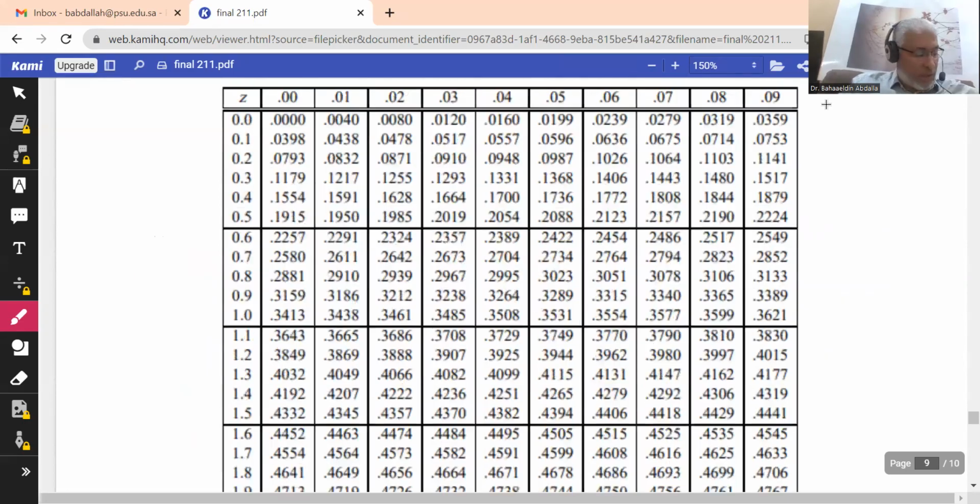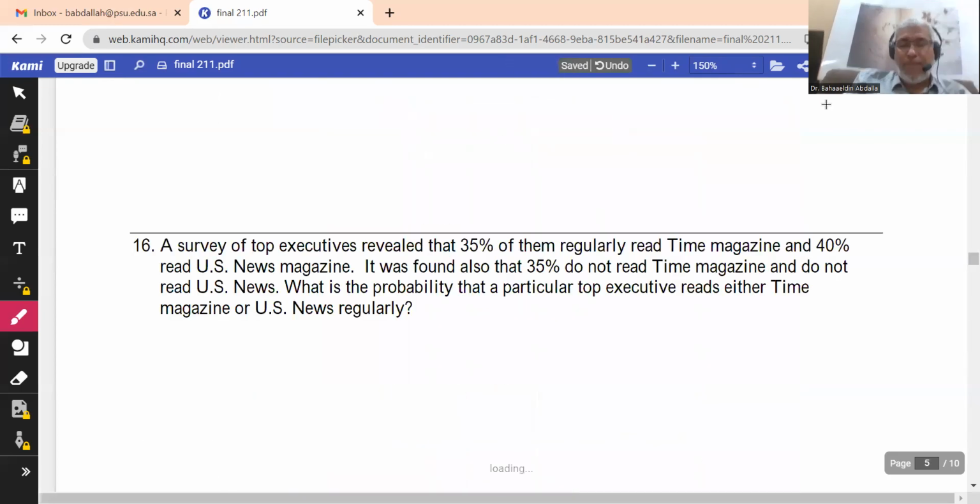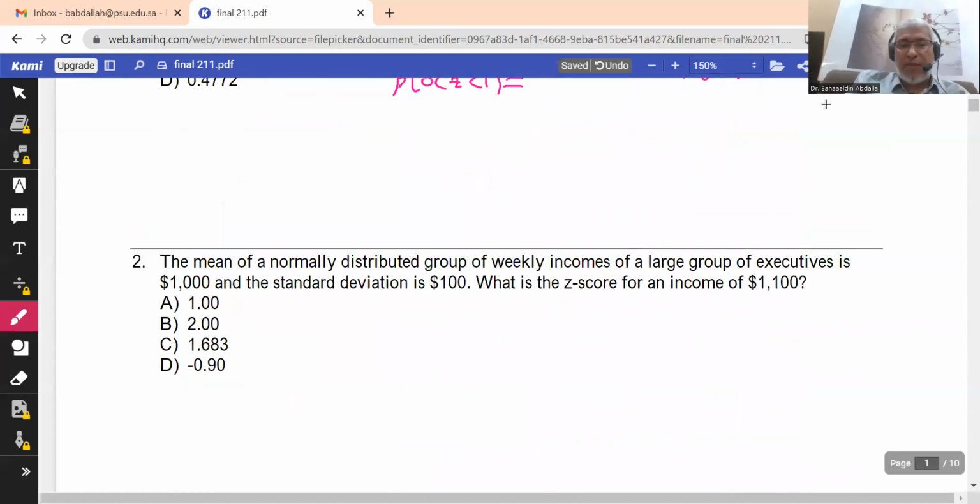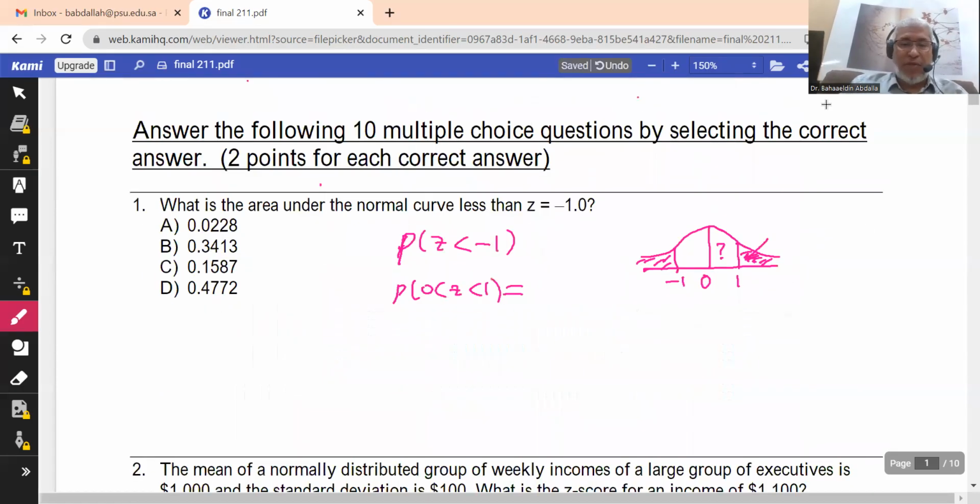So here is 1, and that's the area 0.3413. Okay, this is the area between 0 and 1.